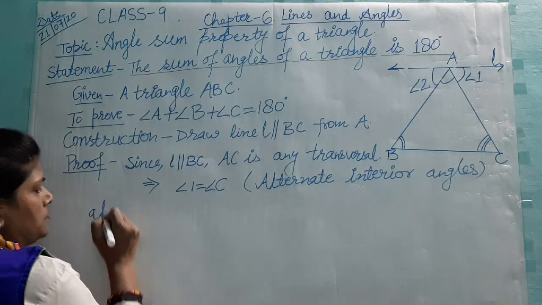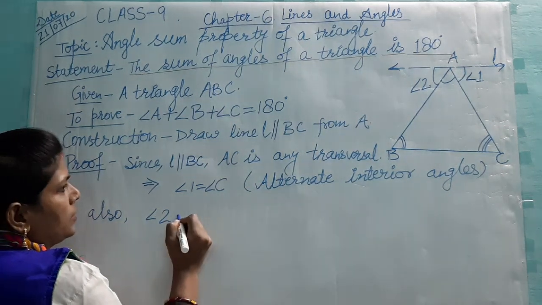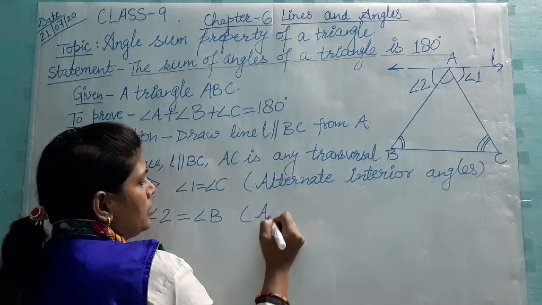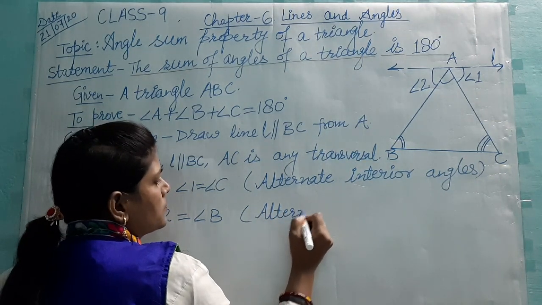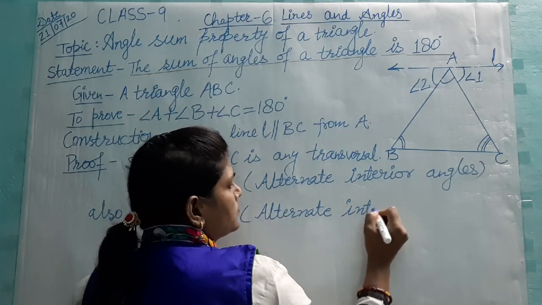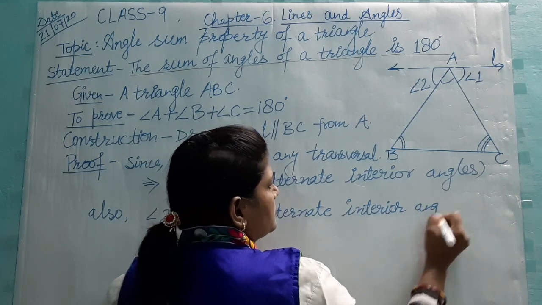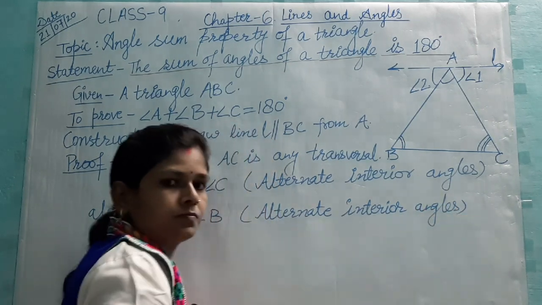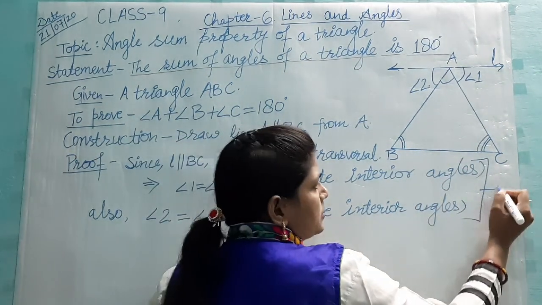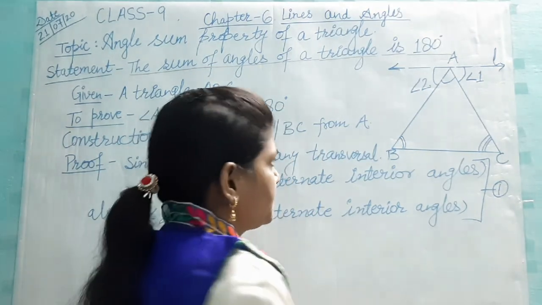Also, angle 2 is equal to angle B, alternate interior angles. We name these two statements as equation 1.